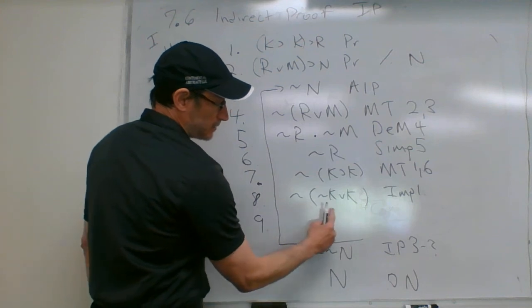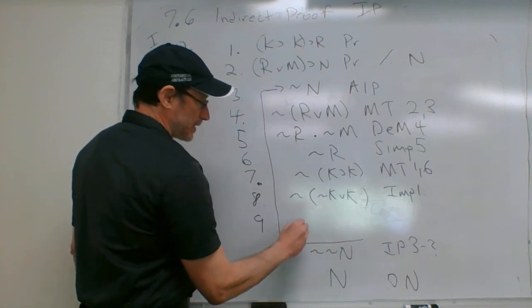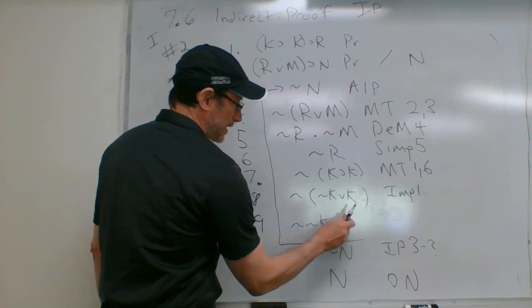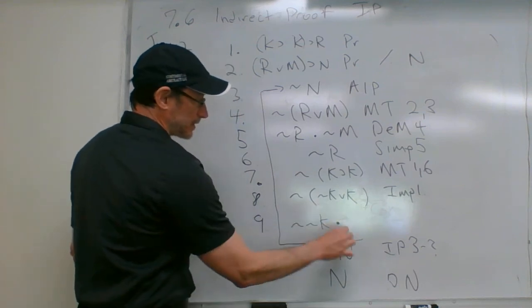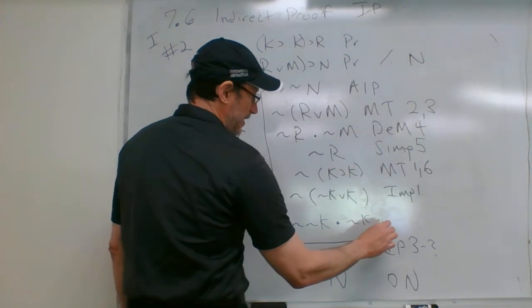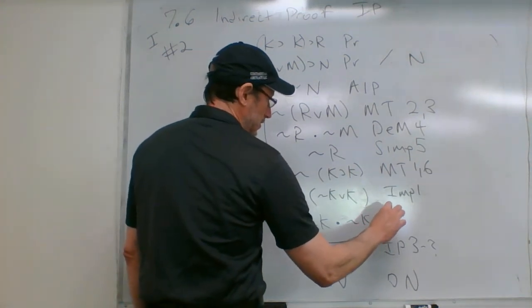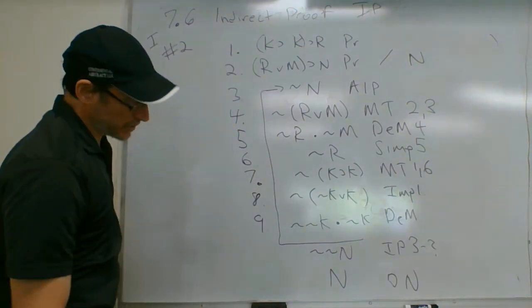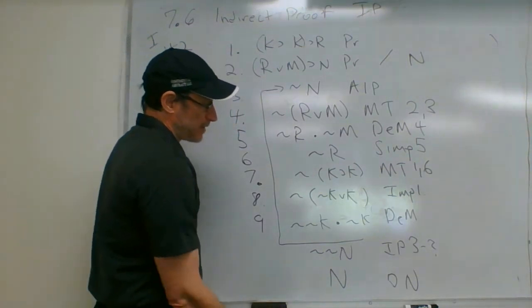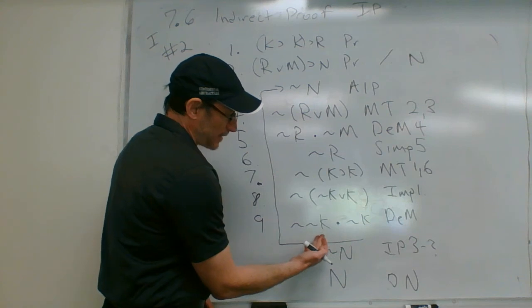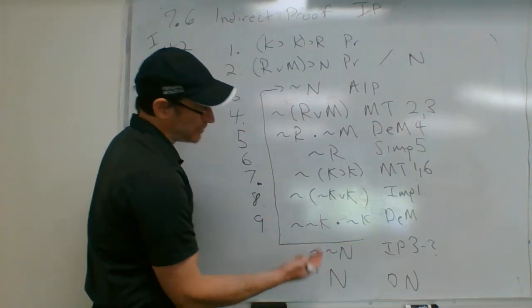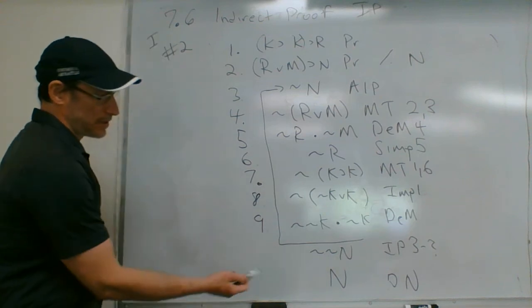This is not a wedge, so I can do not K and K, not K. Not K and not K. That is De Morgan. And we could consider that a contradiction because it says it's not the case that not K and not K. If we want to flip it around and do double negation, we could do that.